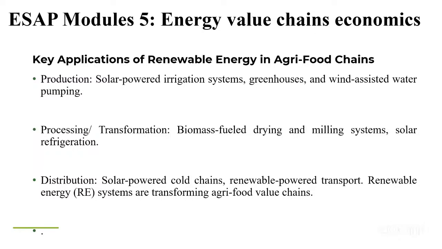We need them for milling, for drying, for cooling and refrigeration. But in the distribution system, we need them in the transport system. We need them still in the cooling chain and other applications, including precision farming.